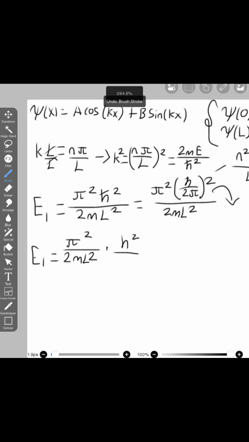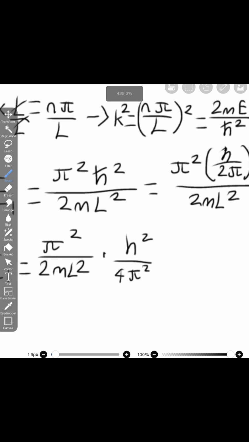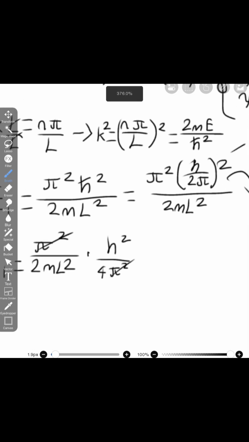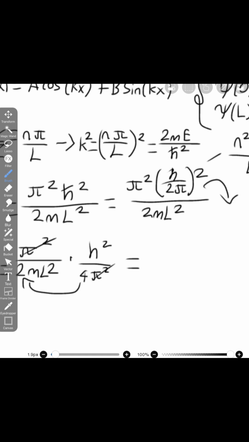Oops, we forgot to square the denominator. Sorry. So we have 4 pi squared. And surprisingly, the pi squared cancels out, leaving us with 4 multiplying 2. Therefore, we have h squared all over 8mL squared.